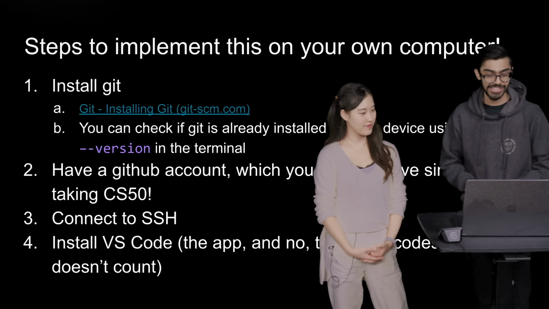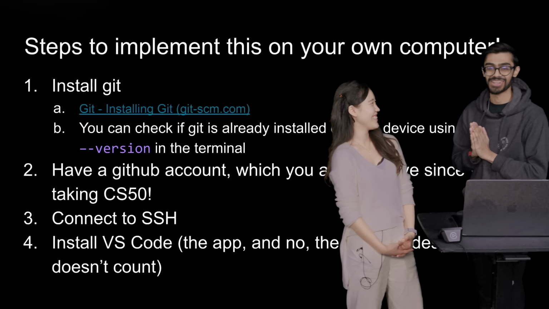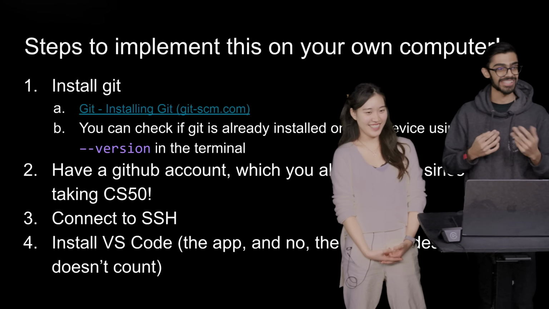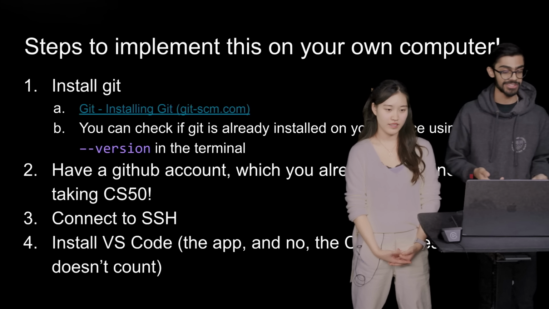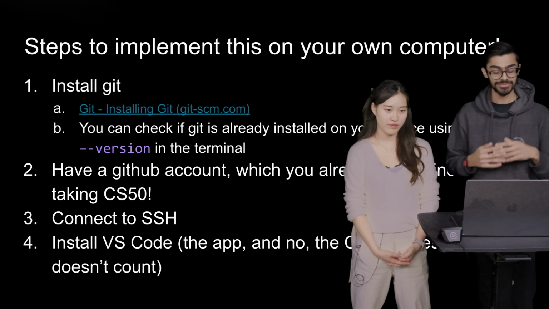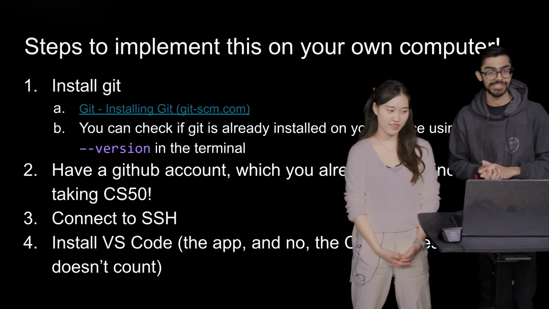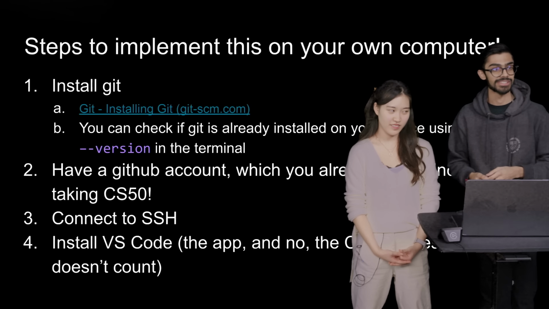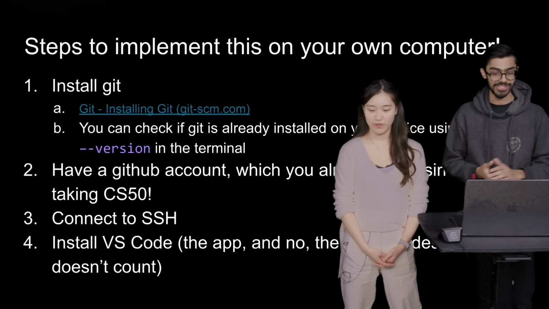You'll want to install VS Code, the app. The CS50 code space does not count. VS Code is setting up your own coding environment for the first time if you haven't done this before. And once you've got all of these things done, you can begin with your first step that we talked about in the beginning, which is to create a repository, to clone it, and to begin your first project.